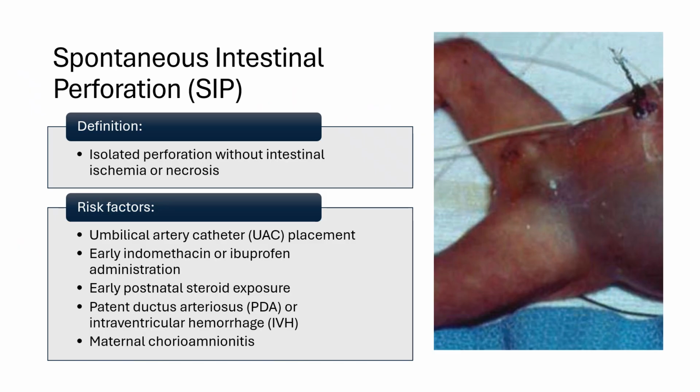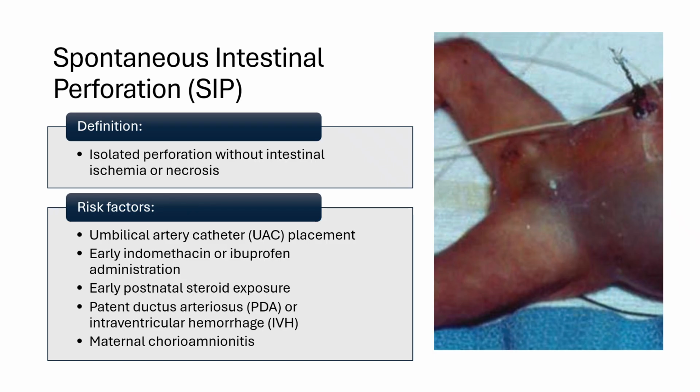Spontaneous intestinal perforation represents a distinct clinical entity that must be differentiated from necrotizing enterocolitis, particularly in extremely preterm infants. Understanding this differentiation is crucial because the conditions have different pathophysiology, presentations, and prognoses.